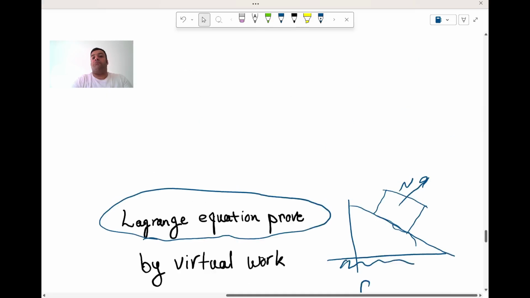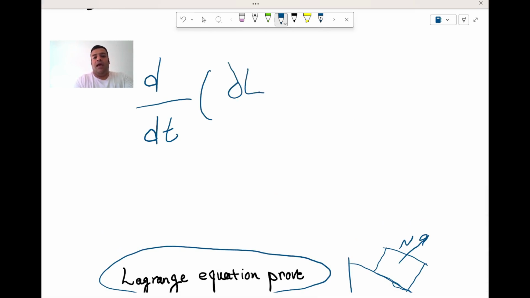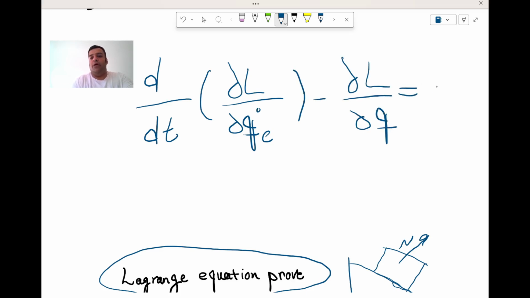But what is the formula? The formula is exactly d/dt of dL/dq_i dot minus dL/dq_i equals 0.